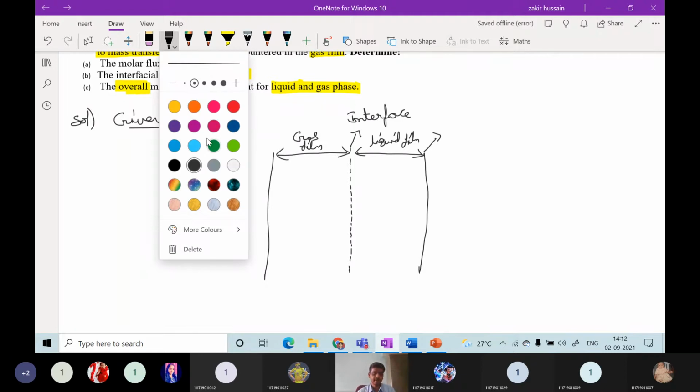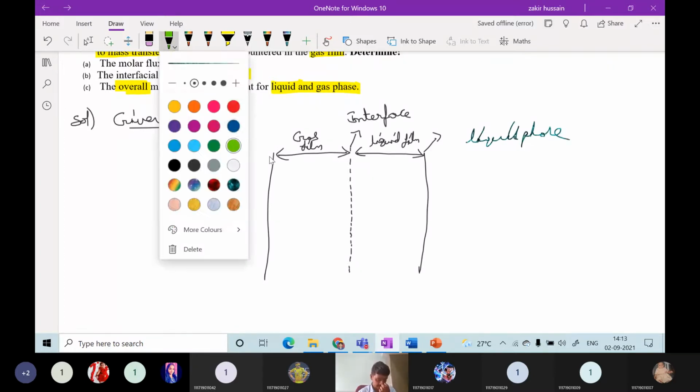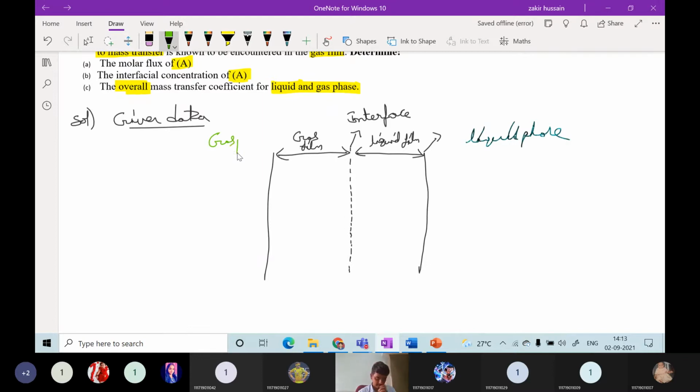Then according to the given data, this is the liquid phase. This is some other color we will take, gas phase. So the problem is from liquid to gas.